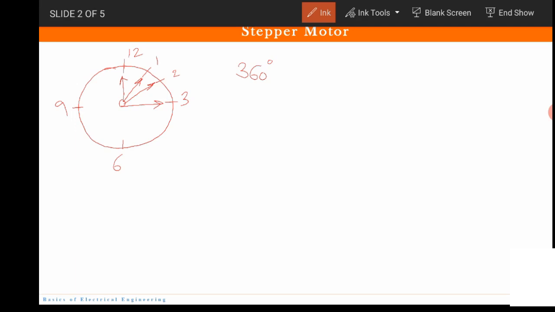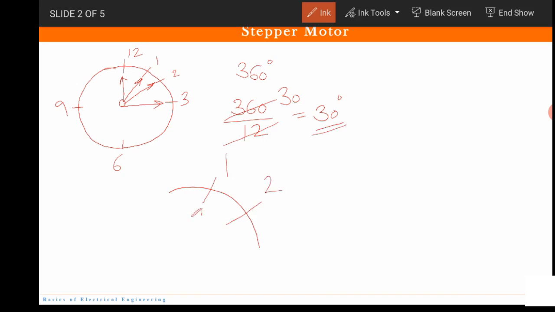Total 360 degrees will be divided by 12, so the movement of 1 hour, I am considering hour, denotes 30 degree movement. So when the clock hand moves from 1 to 2, its movement is 30 degree.